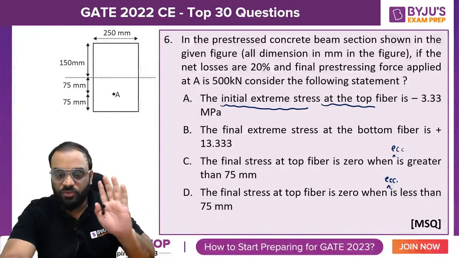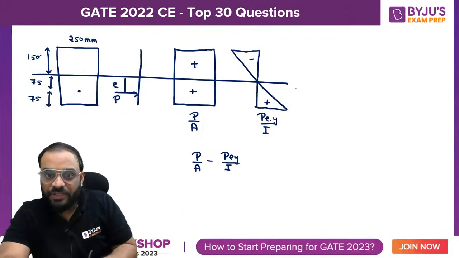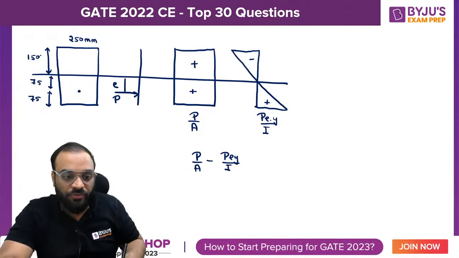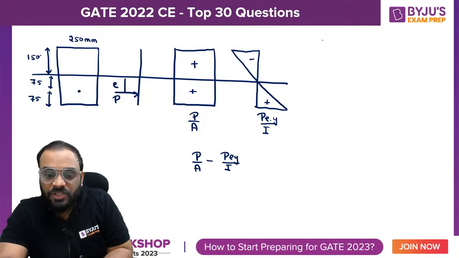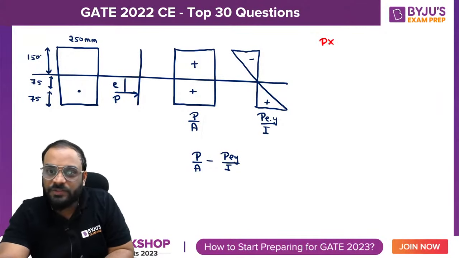So what you need to do, listen carefully. First, you need to find out the value of the initial pre-stressing force. Let us suppose this initial pre-stressing force is P, and P into 80% is the remaining part now.